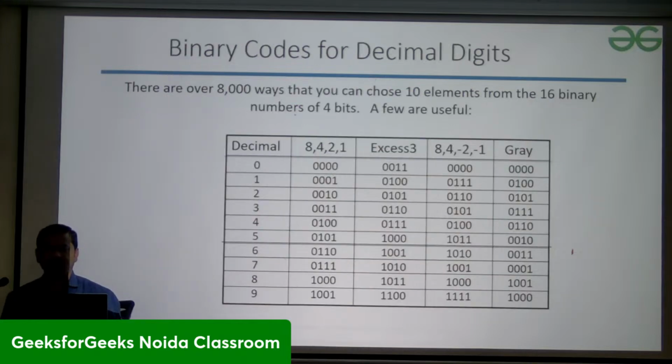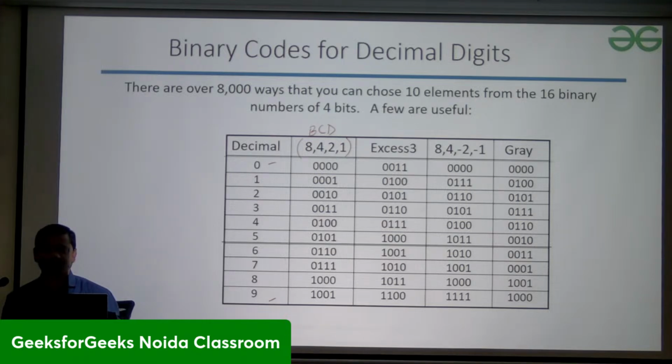Look at this. So we have the decimal range starting from 0 to 9. This is one code which is known as 8421 code. It is also called BCD, binary coded decimal.